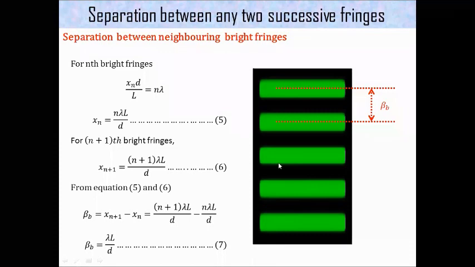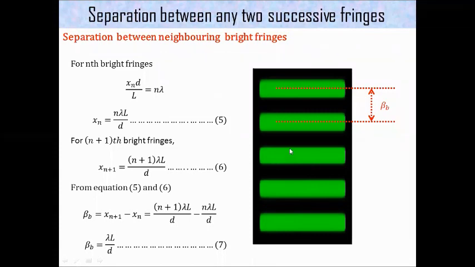According to the condition of constructive interference, this path difference will be equal to an integer multiple of lambda.